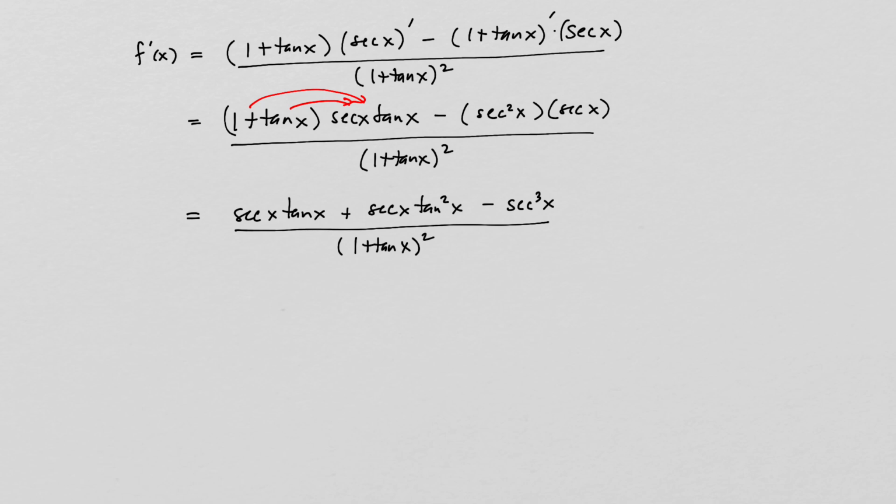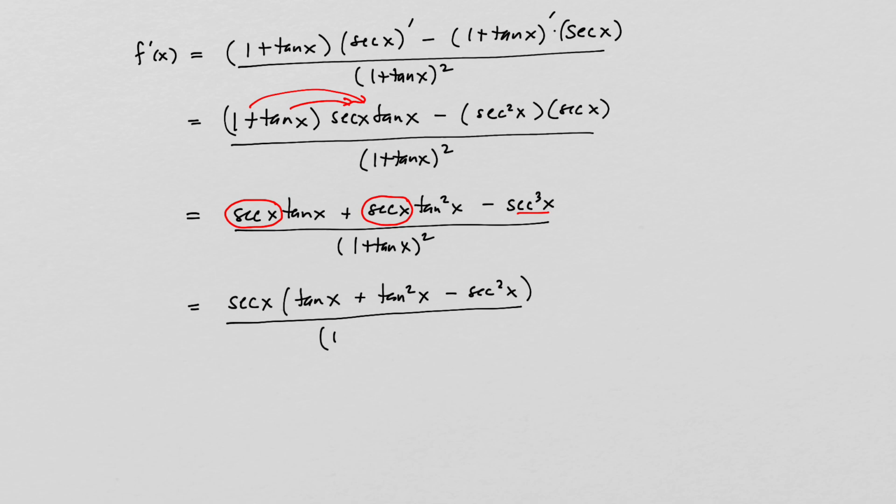Okay, now we need to simplify, and this is where things can get a little bit tricky. But one thing I want you to notice that we can do immediately is we can factor out secant of x, because we have a secant of x in each of these three terms. So if we pull out a secant, we get secant of x times tangent of x plus tangent squared of x minus secant squared of x, all over 1 plus tangent of x, quantity squared.